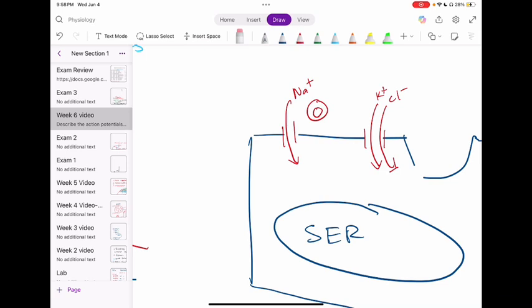Oh, I'm sorry, I messed this up a little bit. So this is actually a T-type calcium channel, and it goes and activates a RyR.